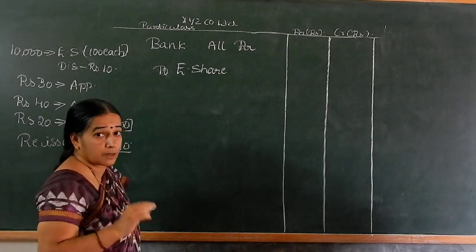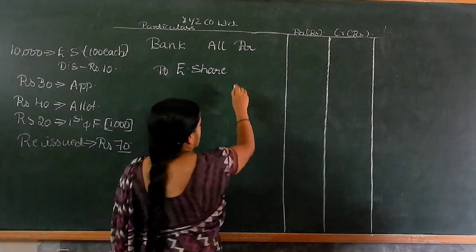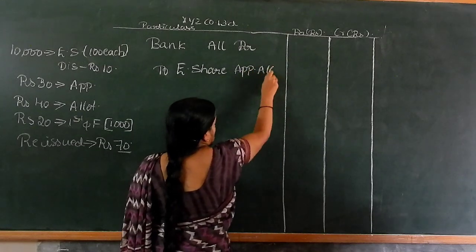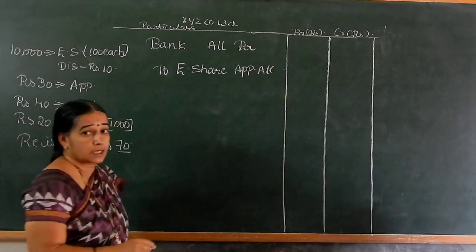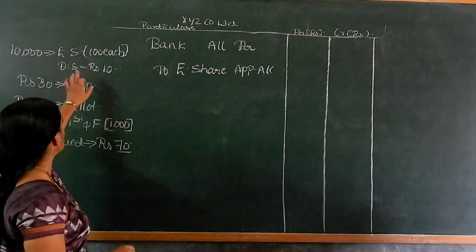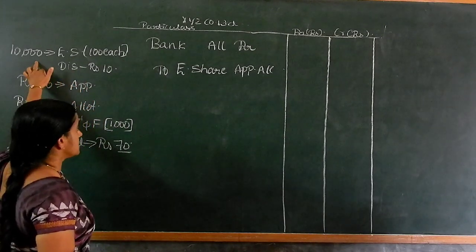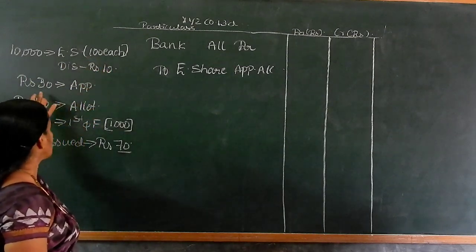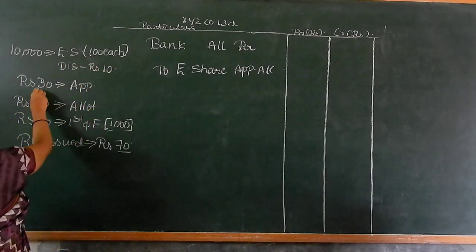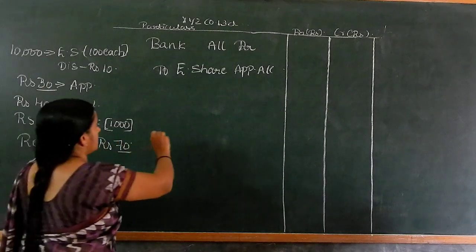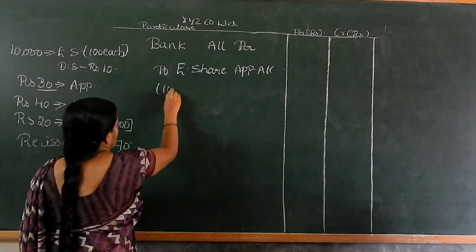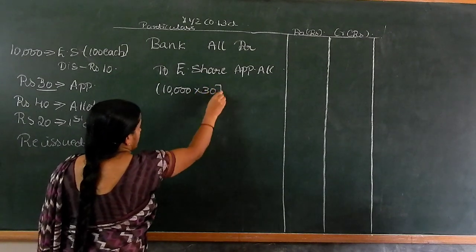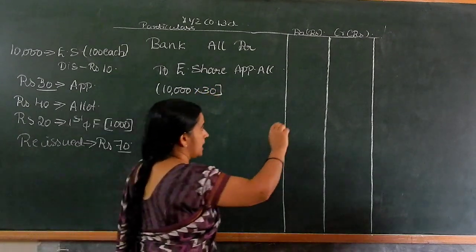How to calculate the amount? The number of shares issued is 10,000, but what is the application money? Application money is 30. So 10,000 into 30, that is 3 lakh.